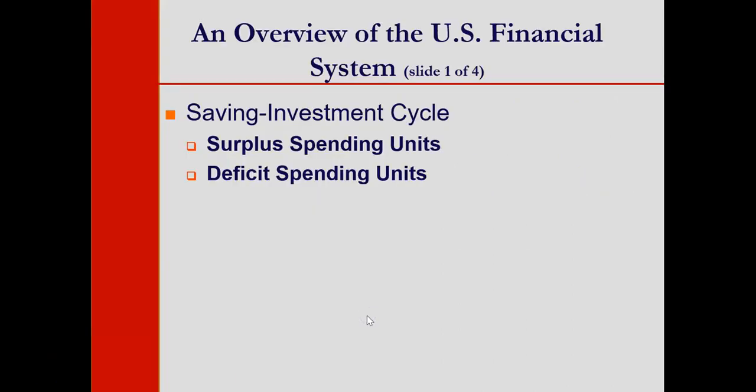Okay. So the first thing here is I want you to understand the financial system. First, we'll try to understand the US financial system. So the financial system, I should say, is the backbone of any economy.